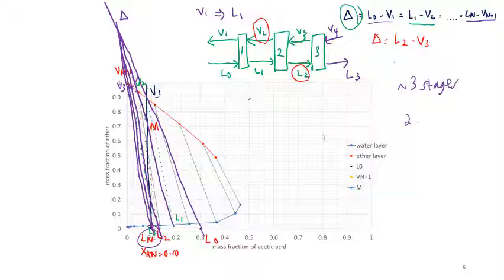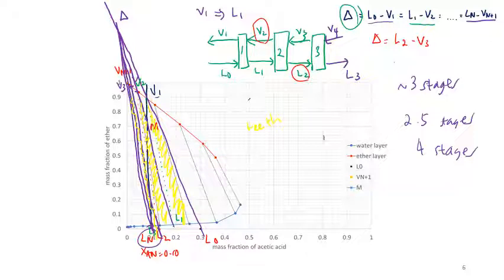Sometimes you can reach up to 2.5 stages or 4 stages, depending on how many times you have to do the repetition. Or alternatively, you can calculate how many teeth you have. In this case, this is 1 tooth, and then 2 teeth and 3 teeth.